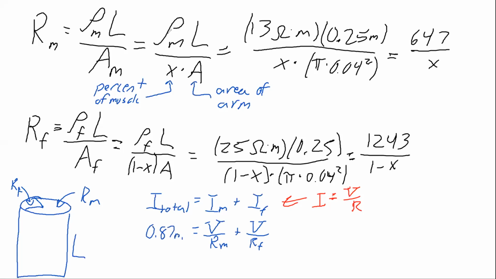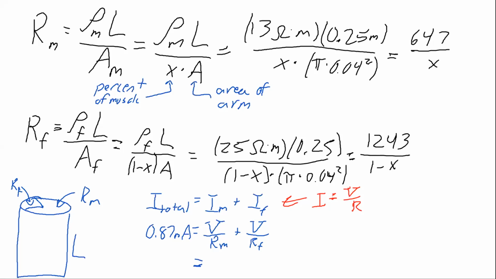So I don't want to plug in anything on that side because I have a number for that. I don't need to do V over R total or anything like that. I'm just going to keep it as 0.87 milliamps, because I know my total current. I also know my numbers on this side.